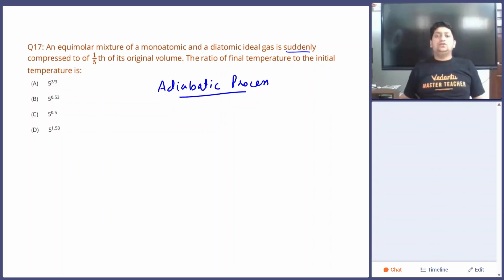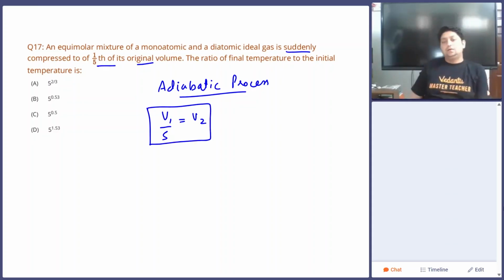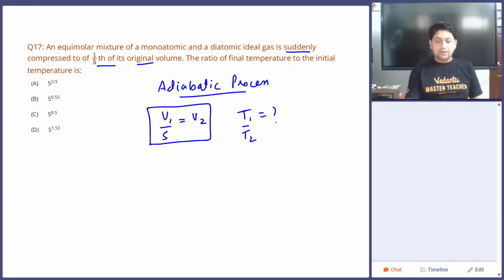So, okay, the ratio of final temperature to the initial temperature and the compression volume is given. V2 is equal to V1 by 5, right? And we need to figure out the ratio of final temperatures. T1 by T2, suppose we need to figure out.